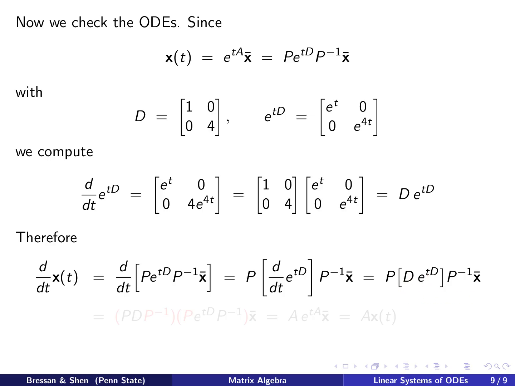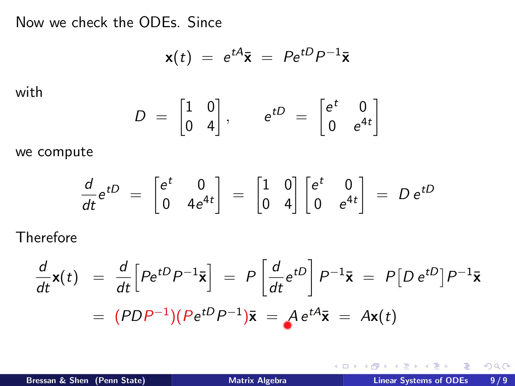We put it in there, and then finally right here we're going to squeeze in an identity matrix in the form of P inverse times P, because this is an identity and it will not change the result. It's like multiplying by 1. And then I'm going to group the first 3 matrices together and the last 3 together. And I notice that this one is just A, and then this matrix here is just e to the tA.